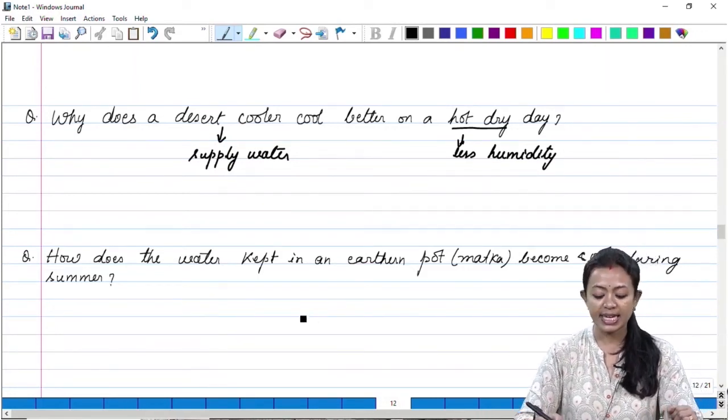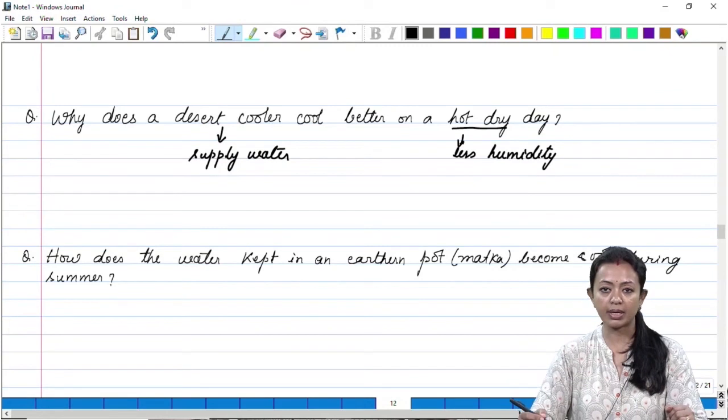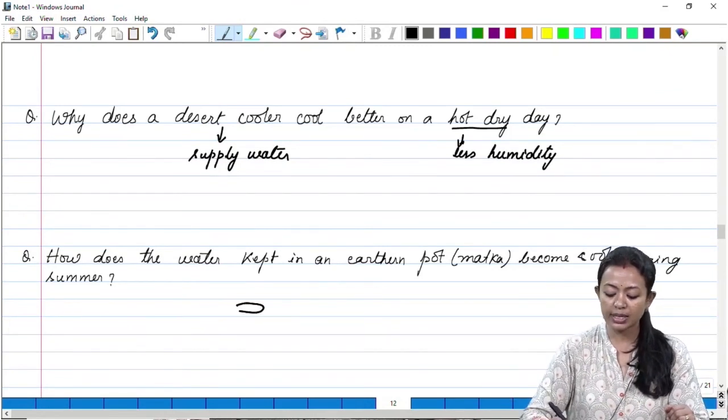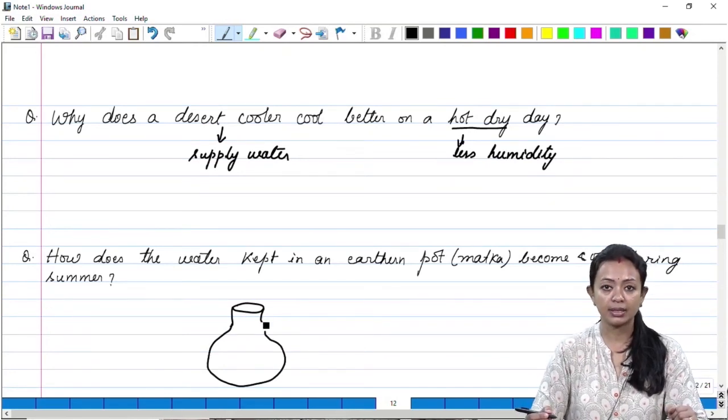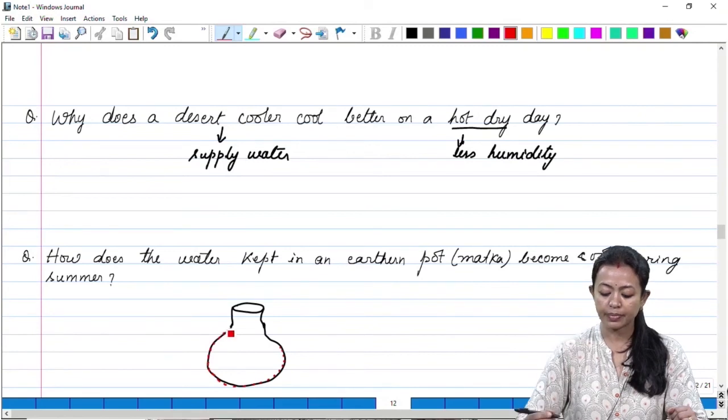Okay, next let's go to the next question. How does the water kept in an earthen pot become cool during summer? Now what happens when you take an earthen pot? For instance, if I draw an earthen pot, we know that it is made up of mud, it is baked mud. So there would be very tiny air particles with tiny holes in it.